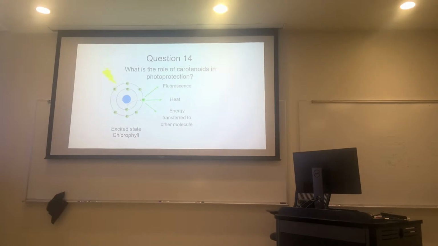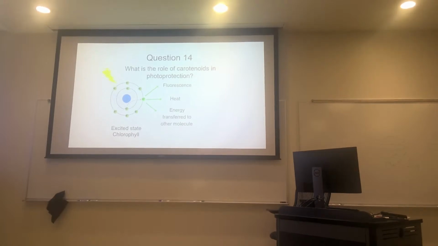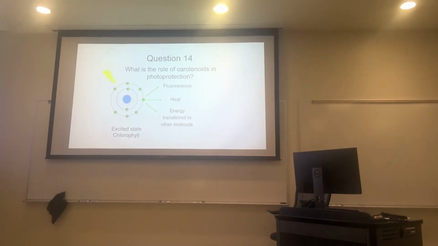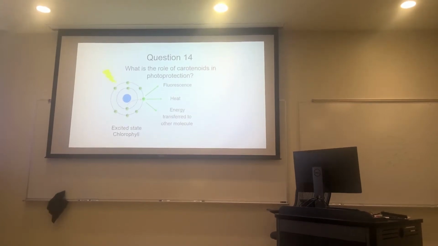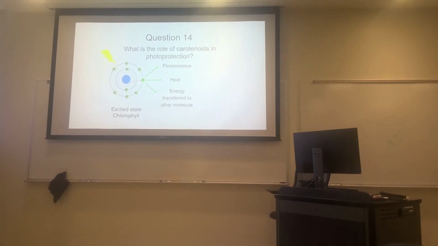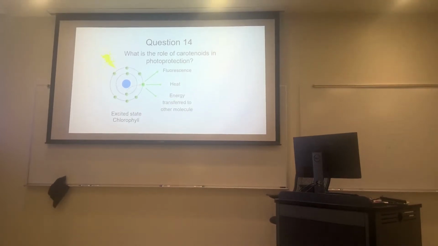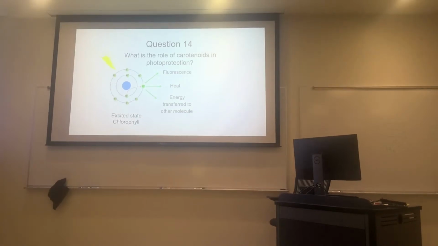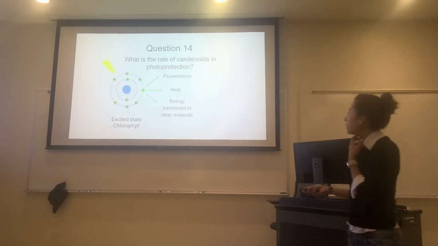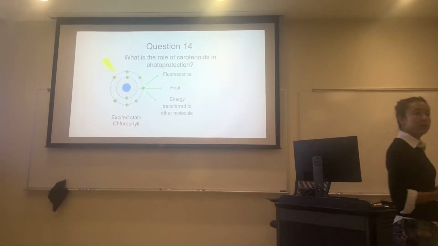So how are carotenoids involved? Basically, in which of these three steps do they help, and how do they help? Do they help with fluorescence? Do they help with heat? Do they help with transferring energy to another molecule?